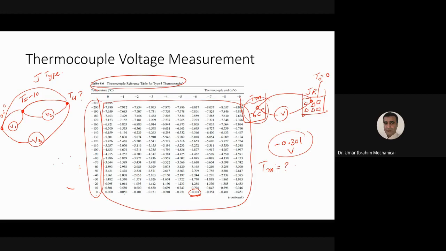Okay. The method for that is that you have to use this formula, which is the law of successive temperatures, which is that V3 is equal to V1 plus V2.